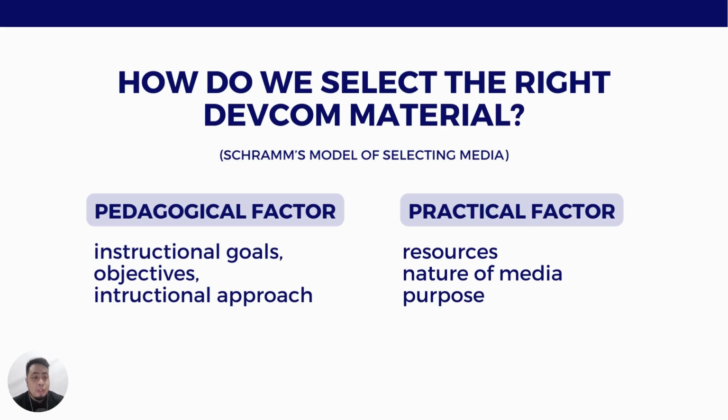Under the pedagogical factor, we have instructional goals, objectives, and instructional approach. That means all of these preparations and executions will come from the DevCom specialist. It is us. Another one, the practical factor: the resources, nature of media, and purpose. This will be manifested in the actual material that we are creating.